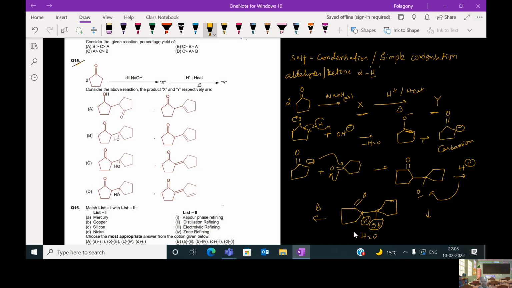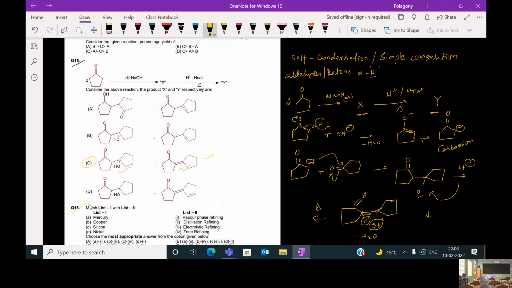So deprotonation occurs, the hydroxyl group and H plus are lost, and then the sigma bond is converted into a pi bond here. Then we can get this structure. So this is before heating, and this structure we get after heating. So this is the answer.